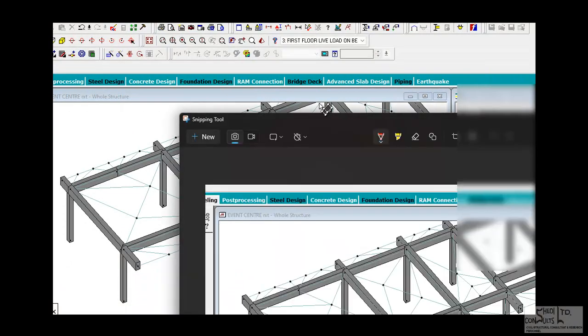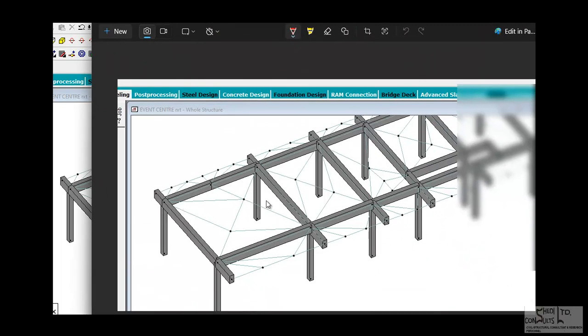Now, if you look at this two-way spanning slab that this chap has modeled, if I take out this slab, it is continuous on this edge, it is continuous on that edge, it is continuous on this other edge, and it is discontinuous on this edge.